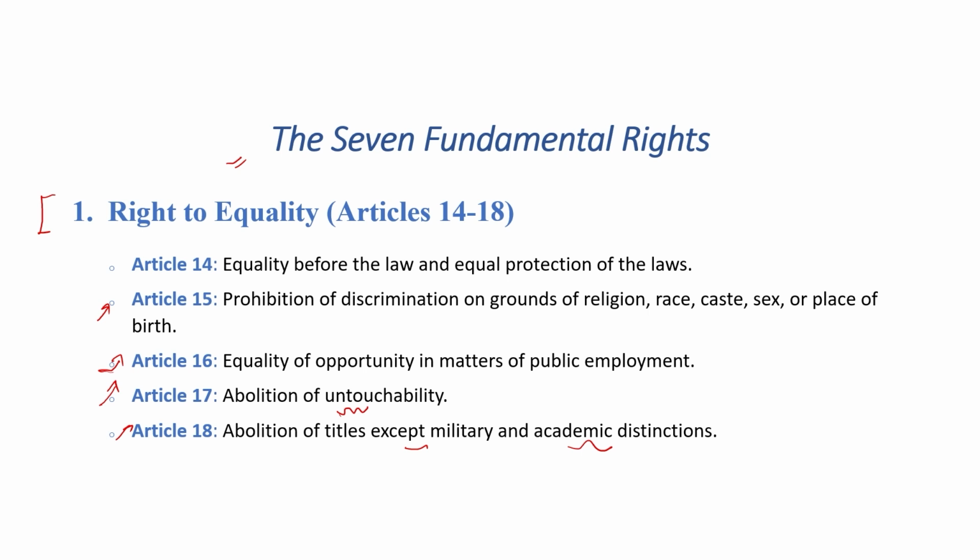Article 16 provides equal opportunity in matters of public employment. Article 17 abolishes untouchability in society, and Article 18 abolishes the titles given by the British except military and academic titles. So this is equality before law, or the right to equality. Clear? So Article 12 is the definition of state.